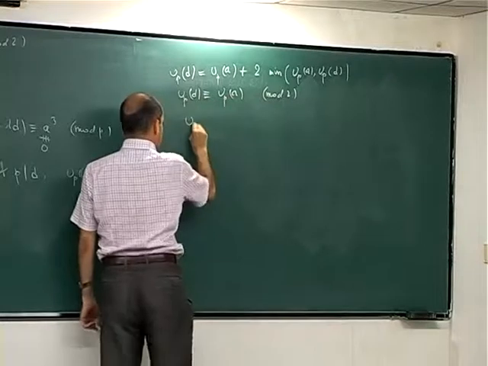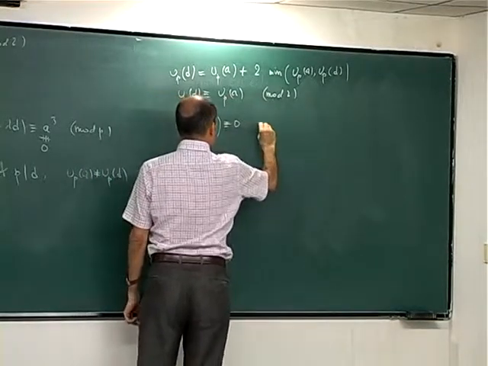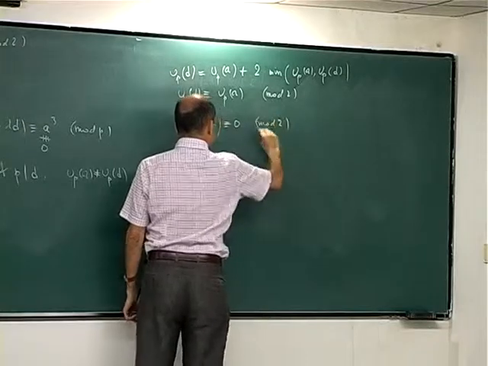And so nu P of the quotient A over D is congruent to 0 modulo 2.